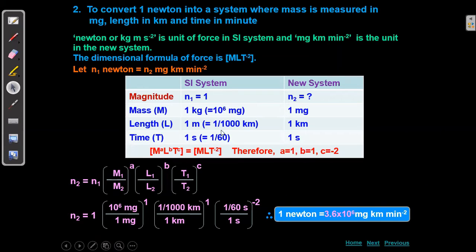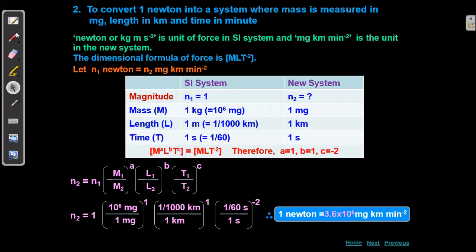Next, length 1 meter, they are asking that it should be in kilometers. We have to write this also in kilometers: 1 by 1000 kilometers, or 10 to the power of minus 3 kilometers. Next, they are asking in minutes, right? So here there is a correction.